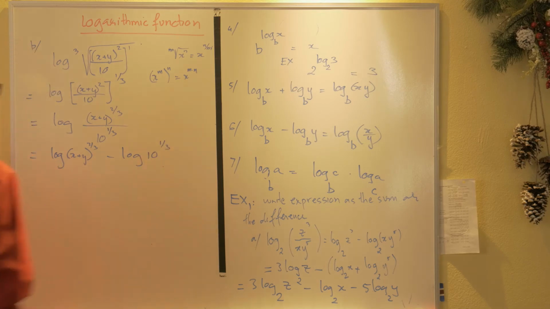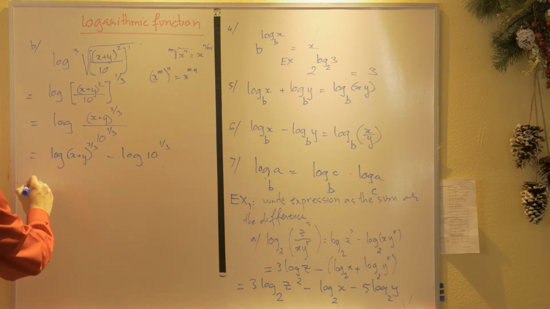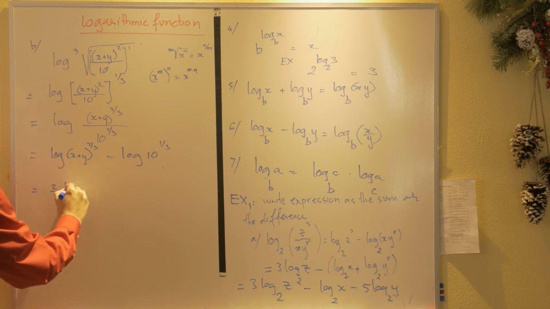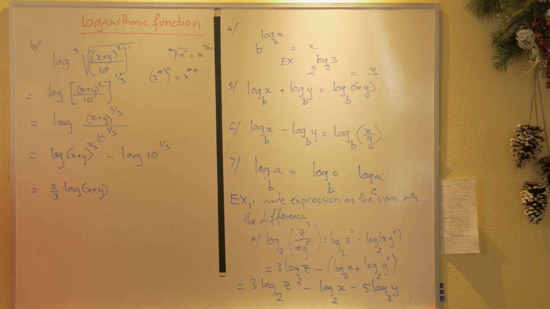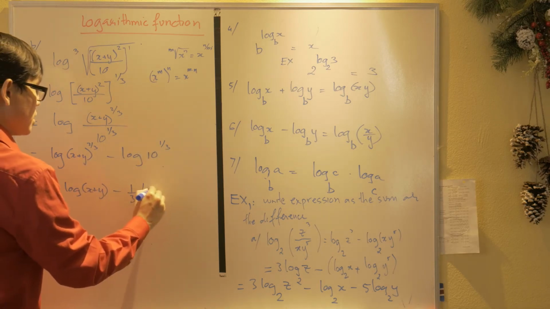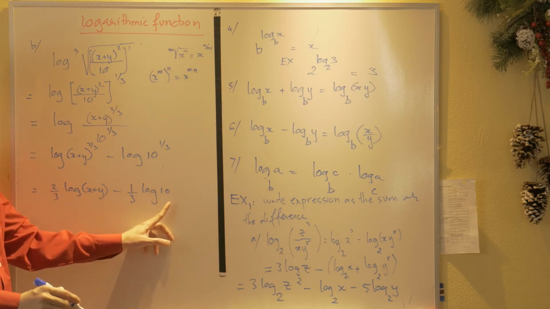And now I can apply log base a of b to the c. I can bring c to the front. So it will be 2 over 3 log base 10 of x plus y. Okay. Bring it up, 1 over 3 log base 10 of 10. And log base b of b gives you 1.